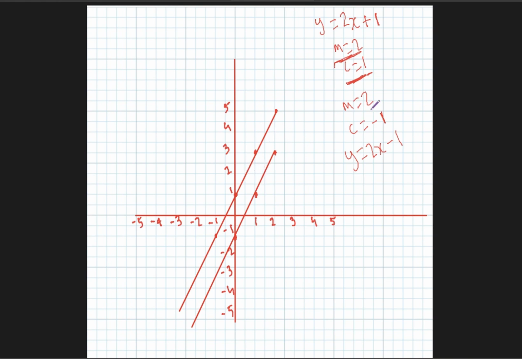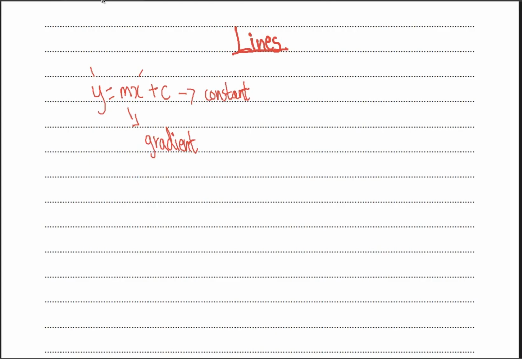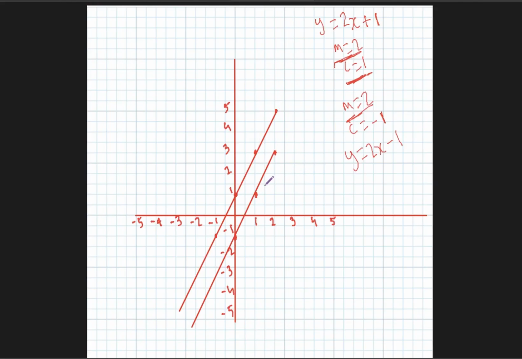That's because they have the same gradient, and that's what m is. M is the gradient. Remember when we went back over here at the start, we said m is the gradient. And if they have the same gradient, then they're going to be parallel lines. So these are parallel lines because m is the same.